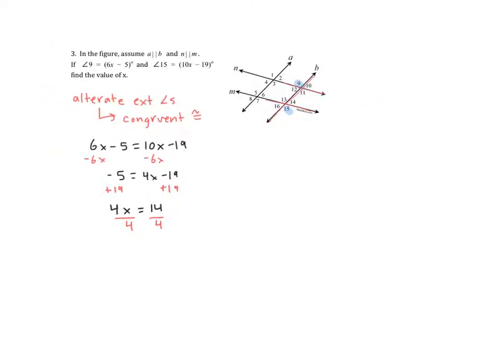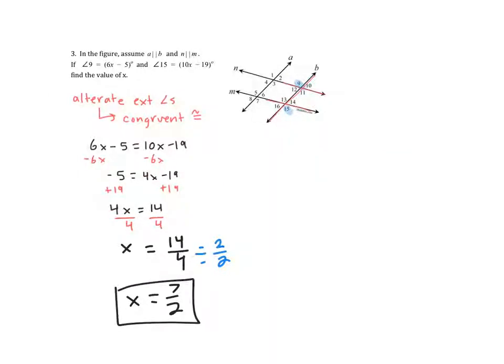So x equals 7 over 2, which is 14 over 4. So let me show that last step. When you have something like this where you can't divide it out evenly, but both the numerator and the denominator are divisible by the same thing, we always need to simplify. And if you look back at the question, they're asking you to find the value of x, so we're done.